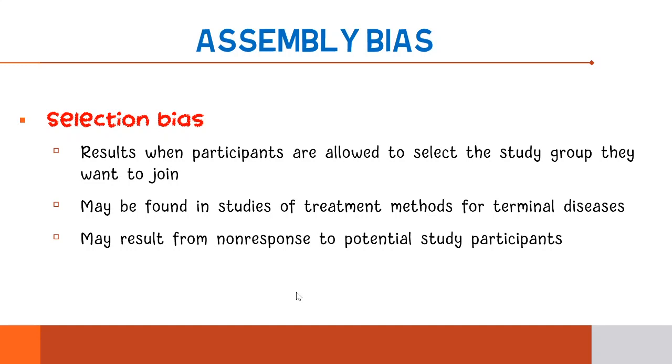Another is the one that may result from non-response of potential study participants. Selection bias may result from non-response of potential study participants, like for example, if we are trying to study possible relationships between exposure and disease outcome, and the response rate of your subjects is higher in people with the disease who were exposed than in people with the disease who were not exposed.